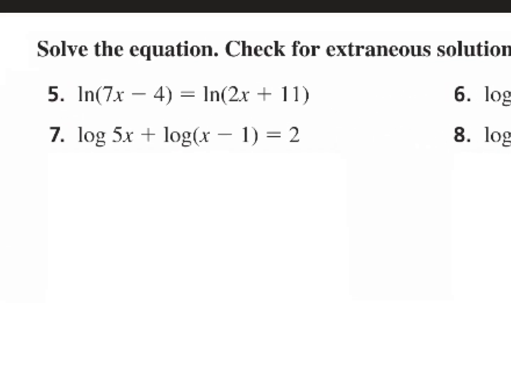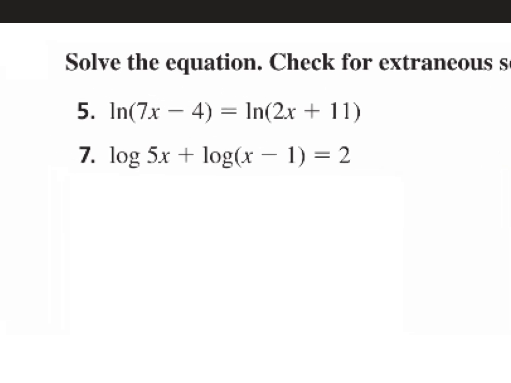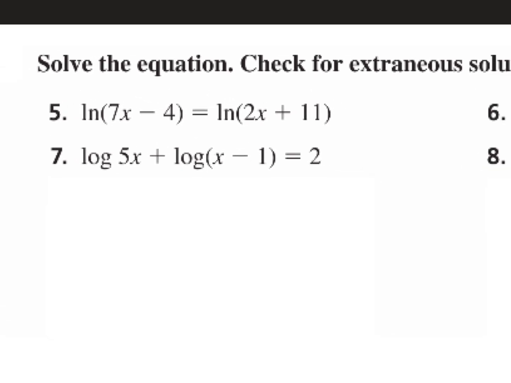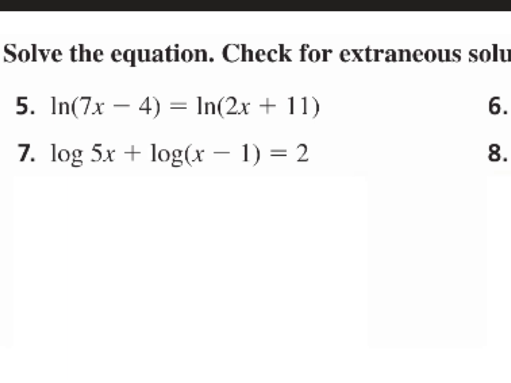Let's look at number 5. What would I do first for number 5? Cancel the ln's. If we have an ln is equal to an ln or a log is equal to a log, cancel. And then we just set the rest of it equal to each other. So 7x minus 4 is equal to 2x plus 11. Then from here, we just solve for x.